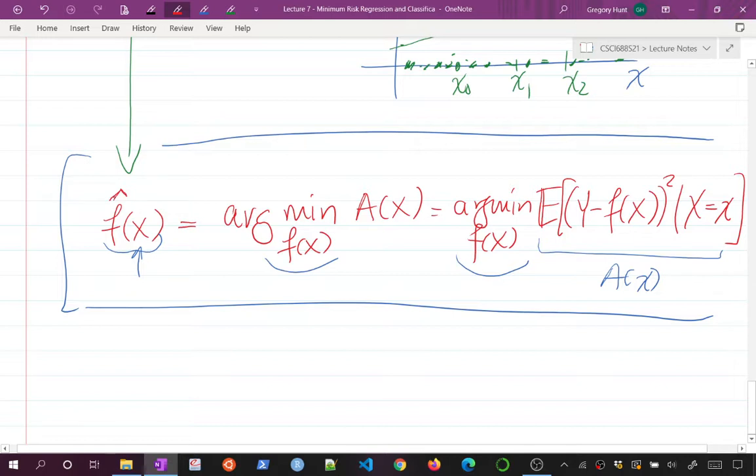So my best choice for f hat is, among all possible values of f of x, the one that minimizes this conditional expectation.